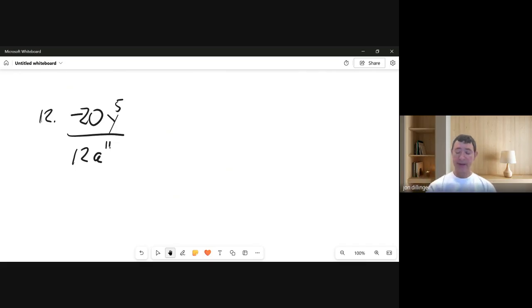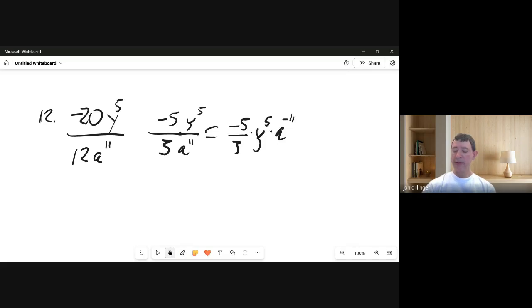So this is reducible by 4, right? So this becomes negative 5 over 3, and then you can just leave that alone, y to the fifth, and then a to the 11th down here. Or, I mean, you can bring it up, it doesn't matter, negative 5 over 3, y to the fifth, and then a to the negative 11th. It's the same thing. All right.